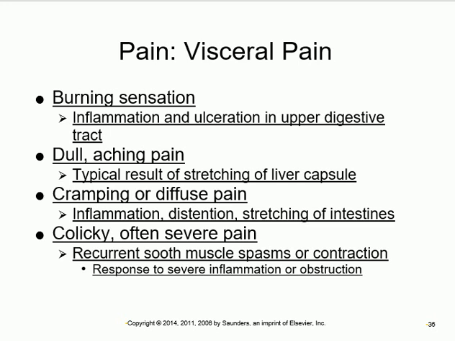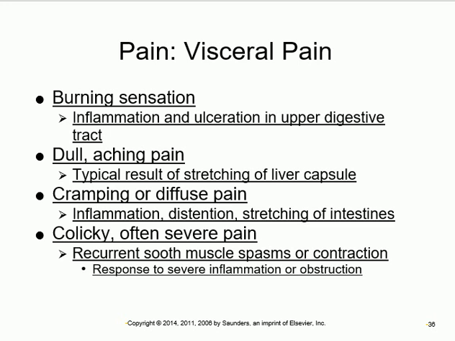It can be colic, okay? And colic means recurrent spasm. It goes like this. Your muscles contract, contract, contract to be painful and then relax. Colic, okay? And this is usually inflammation or obstruction. Inflammation because you're irritating the muscles. Obstruction because your muscles are trying to contract to push the food forward, but it's obstructed.